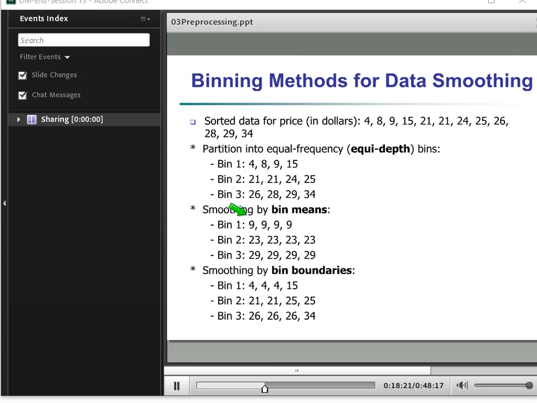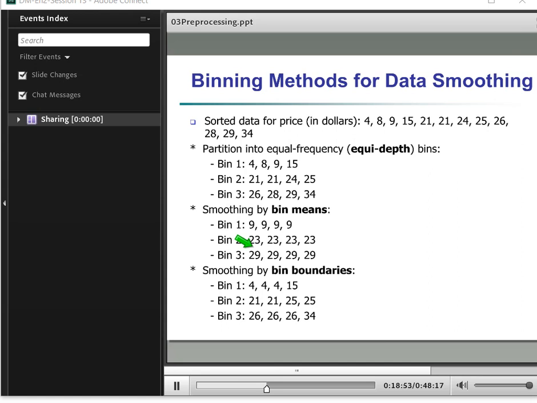So I can replace the 4 values with 9. I can repeat the same strategy for bin 2, and the third bin consists of 29, 29, 29, and 29.